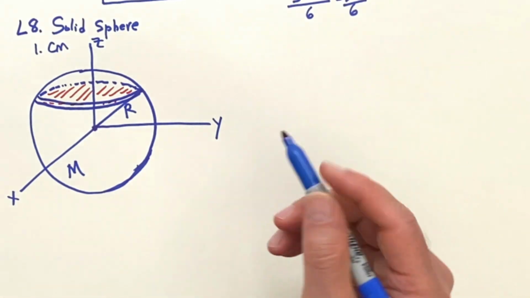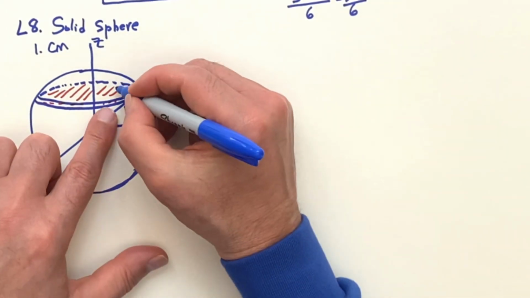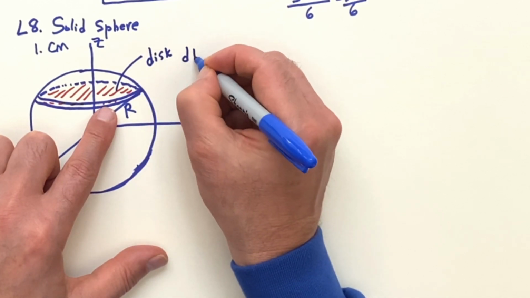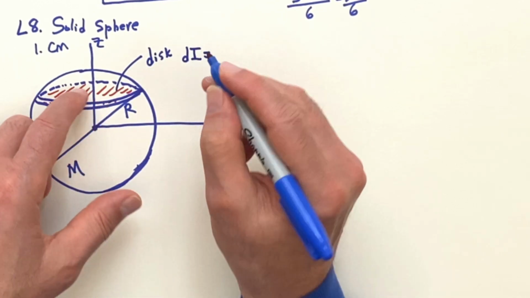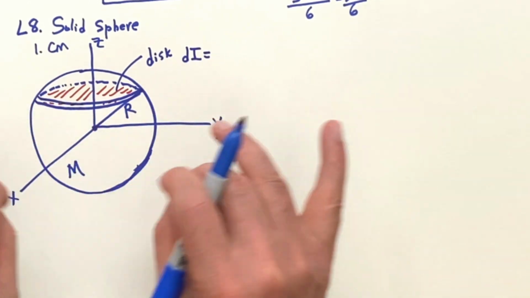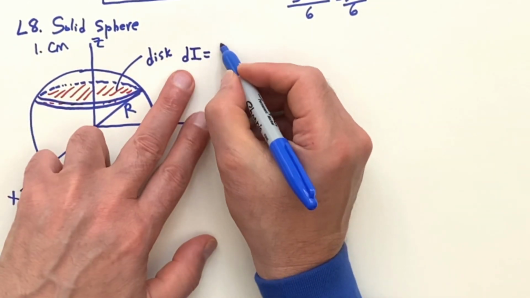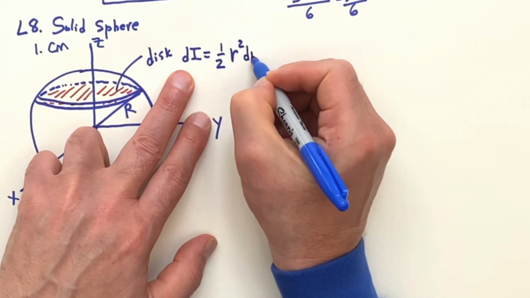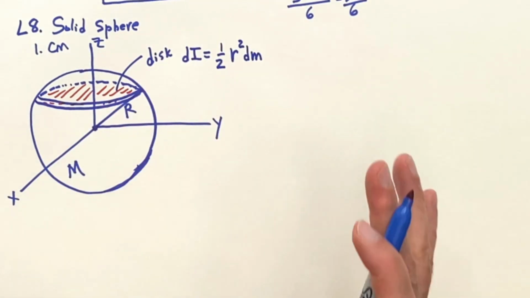It's like 1/2 mr squared. We did that. So if we look at this disk, call that a dI since it's an element of moment of inertia. It's going to be 1/2 r squared times dm. That's the result for a disk.